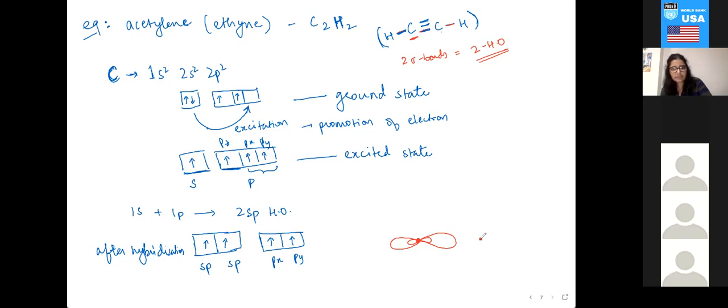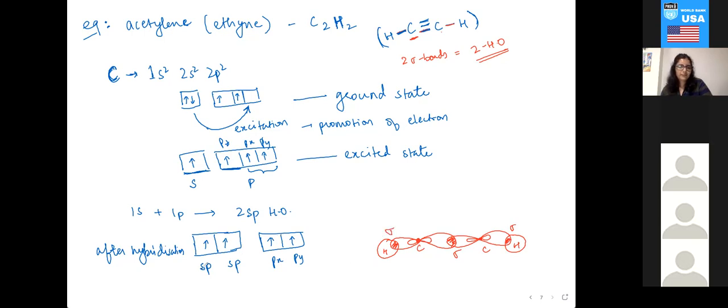The second carbon will also undergo the same process. So this one will also have two sp orbitals. So these will have a sigma overlap. Now each of these carbons will overlap with hydrogen. This is hydrogen, and this is the second hydrogen. Again, this is a sigma overlap.